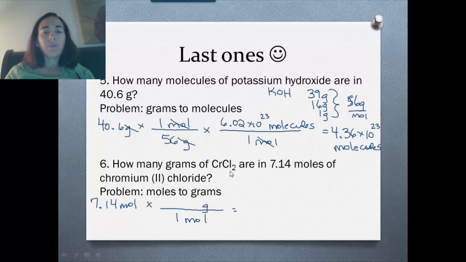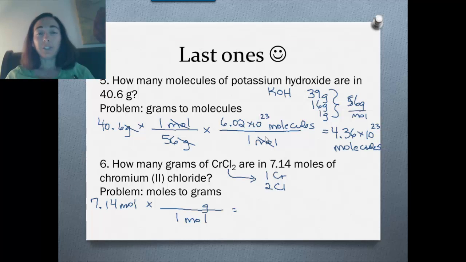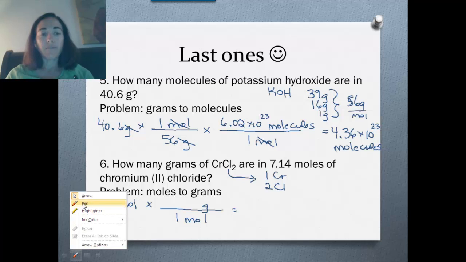Now, up here, just in a little separate area, I count my atoms. I've got 1 chromium and I've got 2 chlorines. Now, to get the molar mass for chromium 2 chloride, I need to look on the periodic table. My chromium has a mass of 52 grams, and my chlorines are 35 grams each.